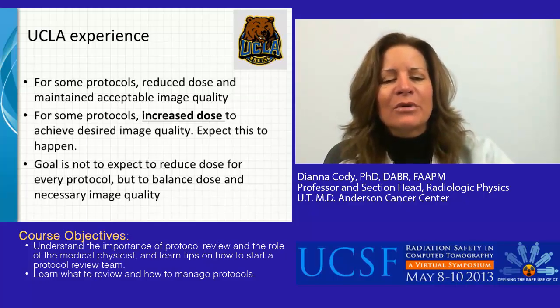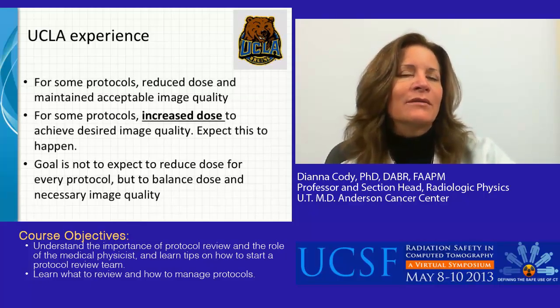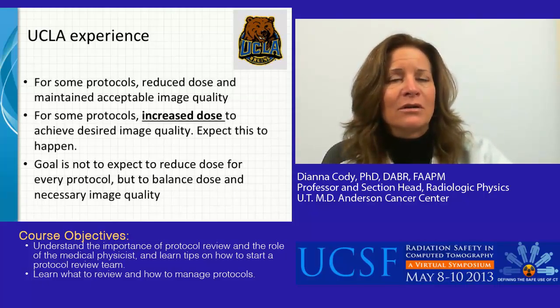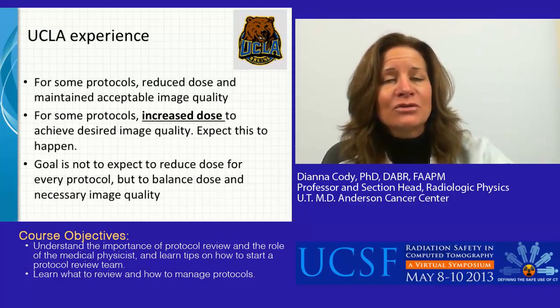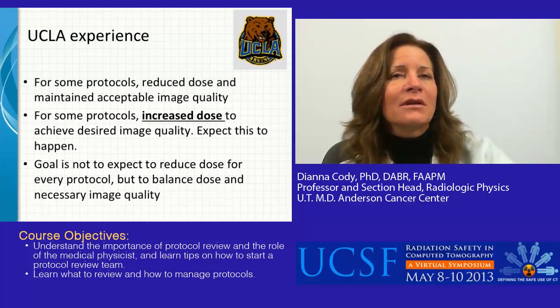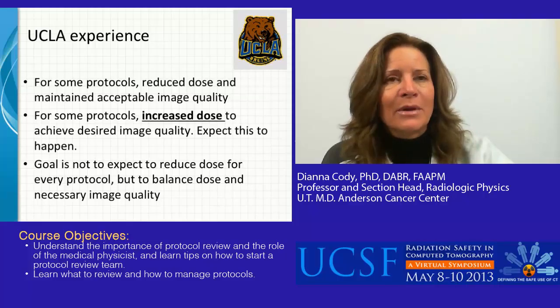But for some other protocols, they actually needed to increase their dose to achieve the desired image quality. This happens. Expect this to happen. Don't expect that this review process is going to automatically reduce your dose overall. It may not happen. It should produce more consistent and more acceptable results, but dose isn't automatically going to decrease.